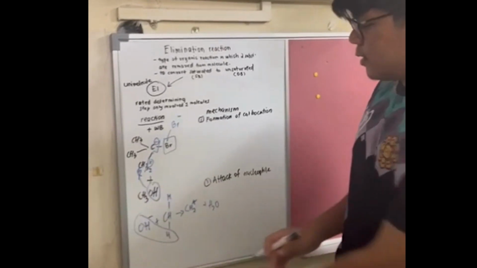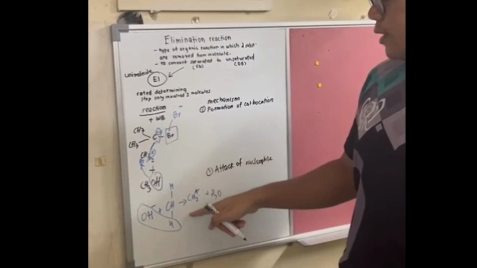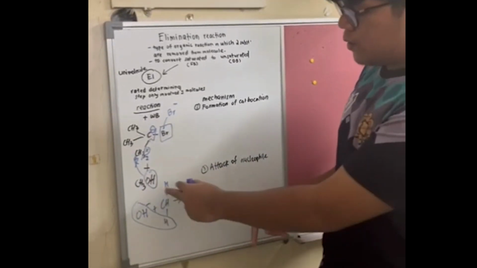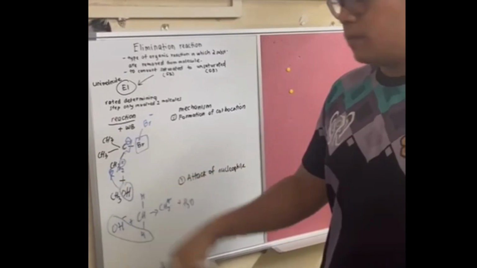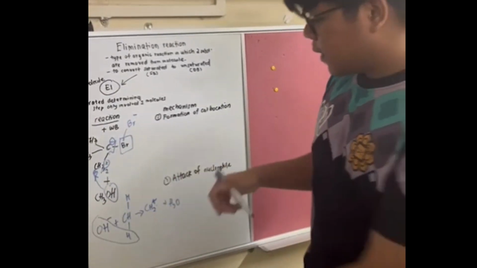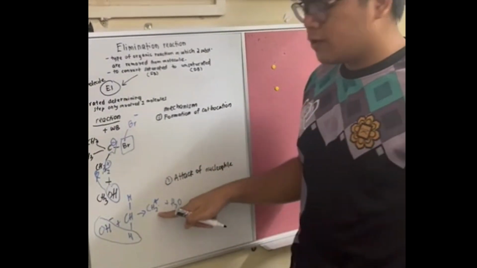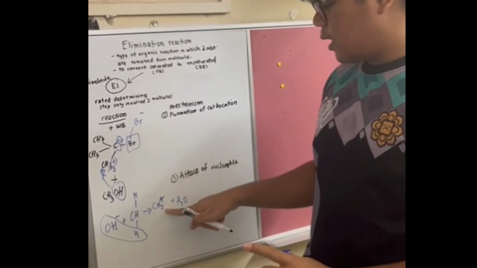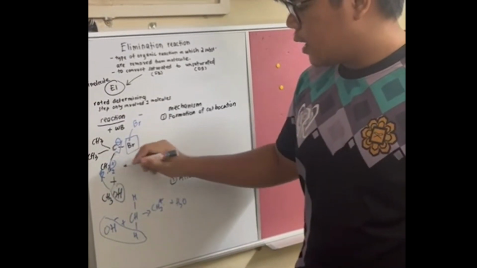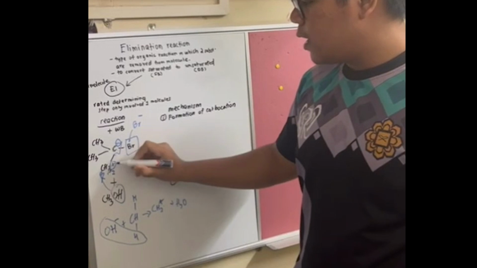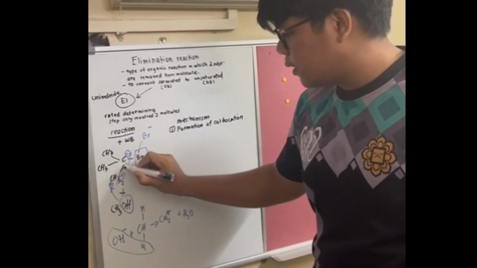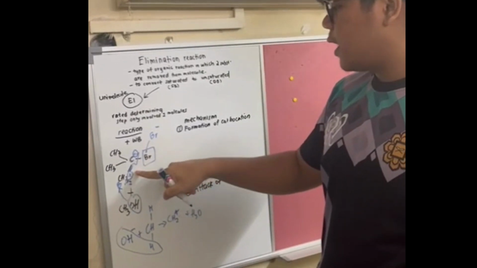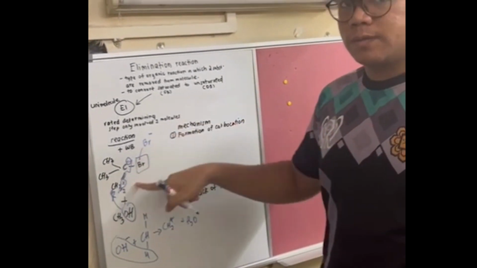This is the structure from the reaction between our OH and the beta hydrogen in the beta carbon. Now our CH2 will have an extra electron, and this extra electron will react with this electron to make one extra bond in here. That's why we will get the unsaturated double bond.